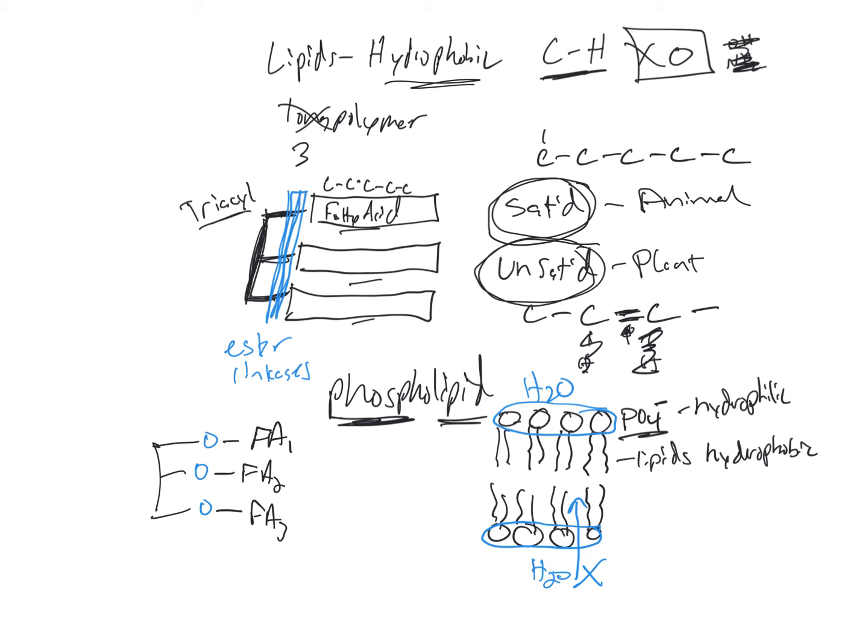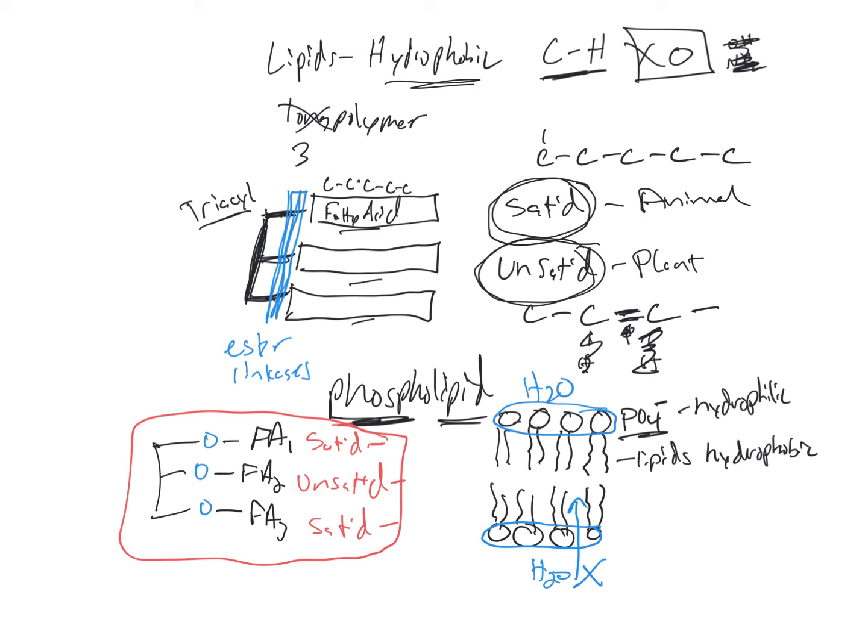Each of these fatty acids could be different. This one could be saturated, this one could be unsaturated, and this one could be either or. So let's just make another saturated one. All three of these together make up the whole fat molecule. So sometimes they can be saturated, partially unsaturated, and saturated again here as well.